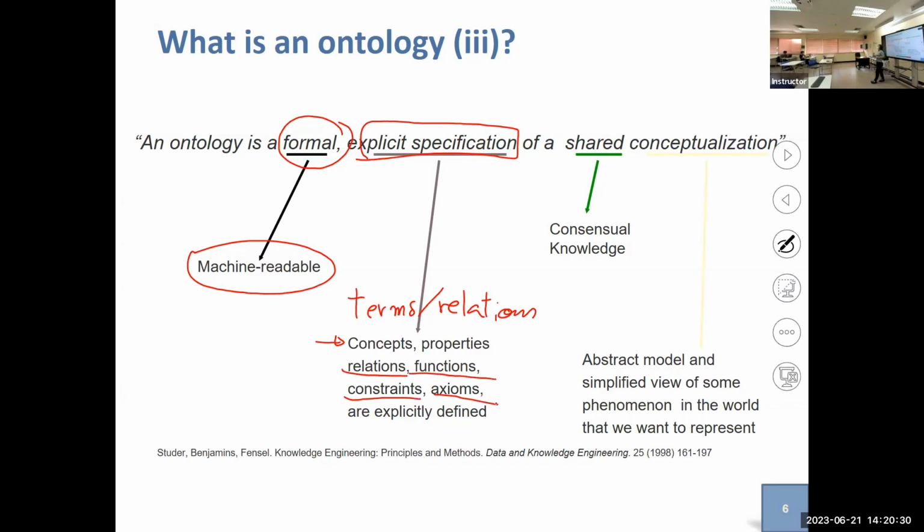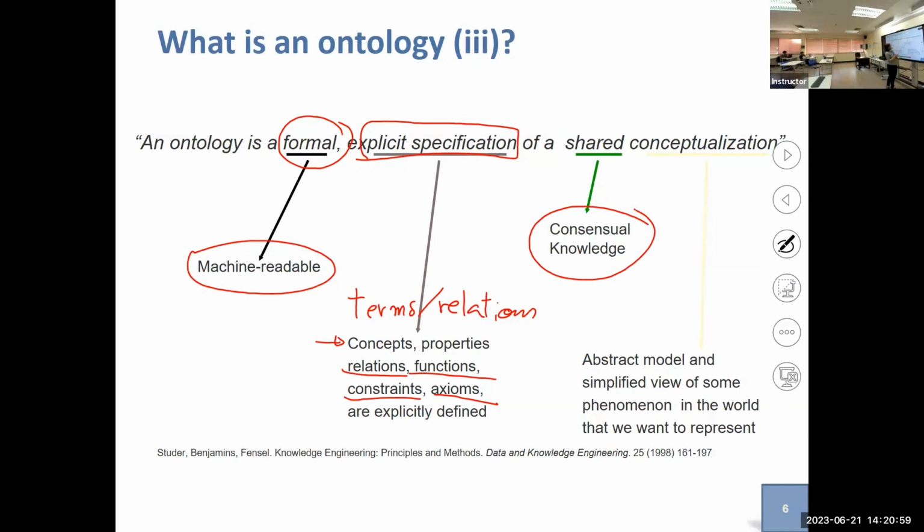These are things that can be defined within ontology. And when it is a shared conceptualization, it means it is widely accepted. It's consensual knowledge. It's not only you that agree. It's agreed upon by the community of the domain, okay?